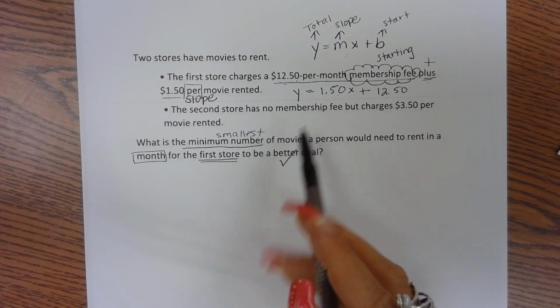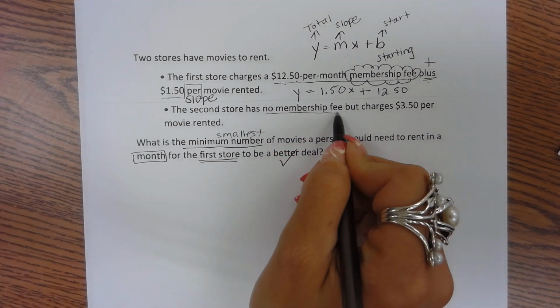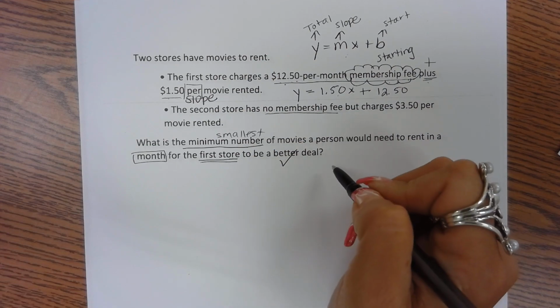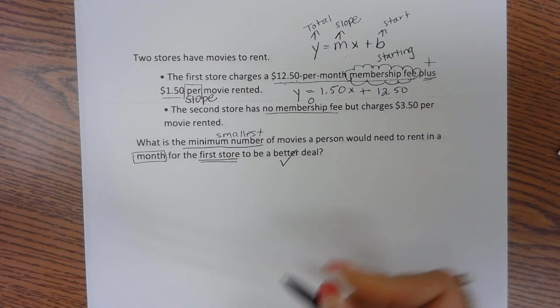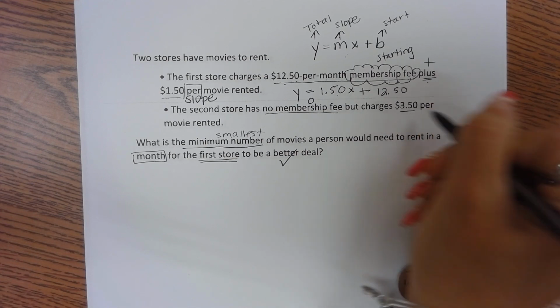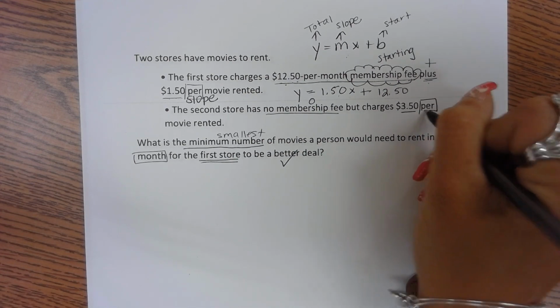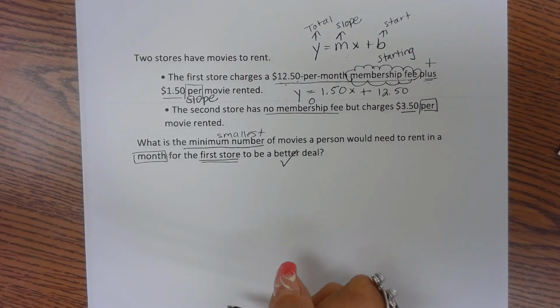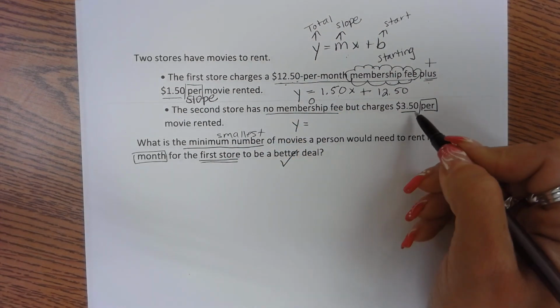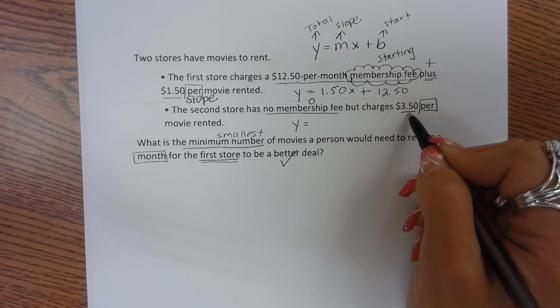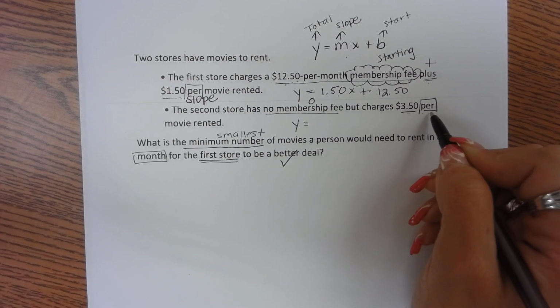Now the second store has no membership fee. How much is no membership fee? $0. But it charges $3.50 per movie rented. So our total cost is y equals what? $3.50 per movie rented.